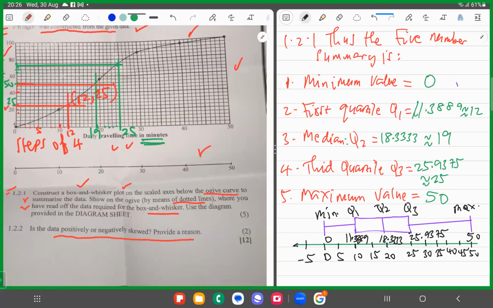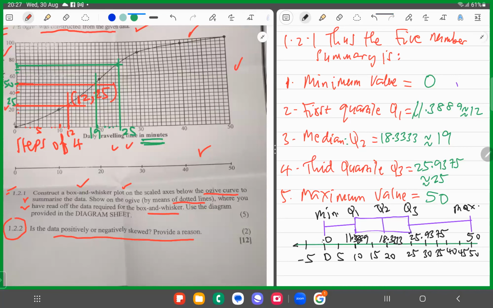The question says construct a box and whisker plot, scaled axis, and summarize the data, show the Ogive by means of dotted lines. You can use some dotted lines there. Where you have read off the data required for the box and whisker, use the diagram provided in the diagram sheet.